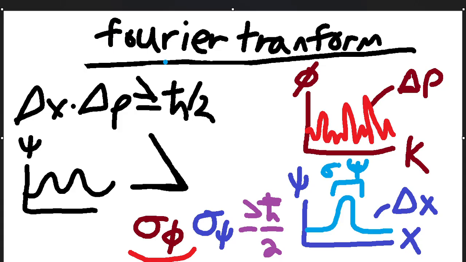This is different from sigma of phi, because I can see phi is very much spread out, and so sigma phi is going to be a huge number because it's spread out, and sigma psi is going to be a small number because it's not spread out. And this is how we combine these two ideas into one with the Fourier transform. It's just that instead of using numbers to explore quantum values like momentum, we use waves and wave functions. And that's it for now.